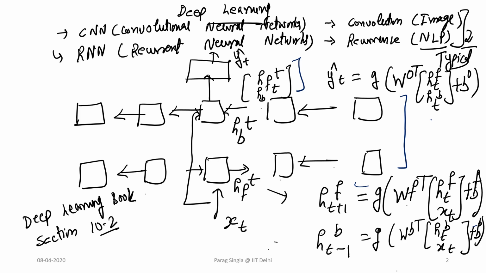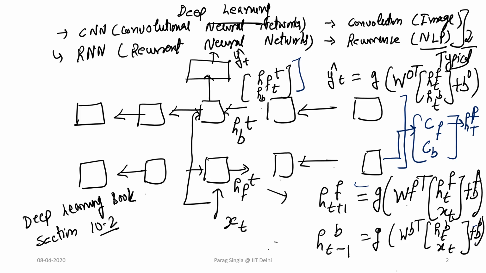Which you will refer to as cf in the forward direction and cb in the backward direction, and this is sort of your final context vector. For example, going forward, the last time step, whatever state that you get at the last time step, that is h t forward.